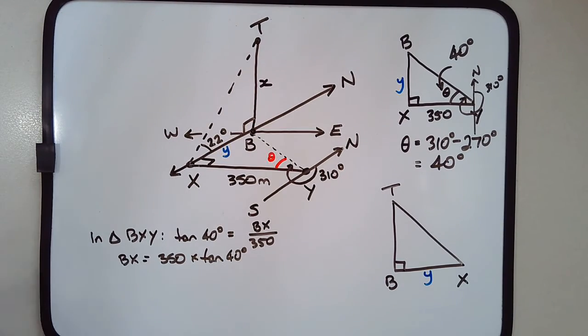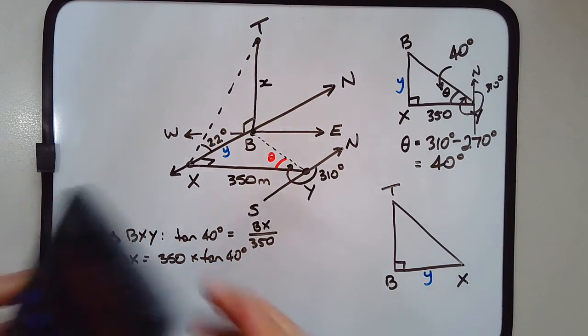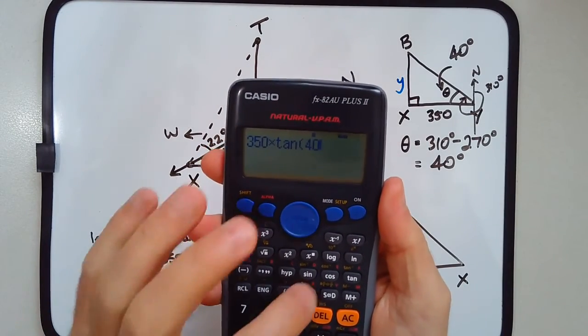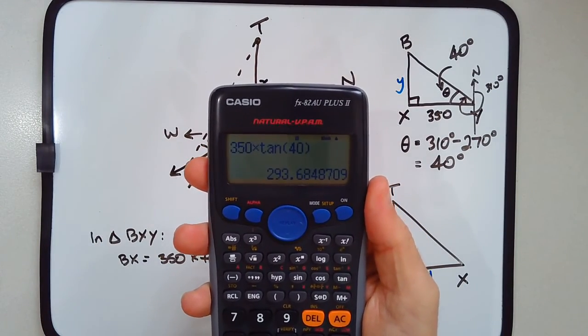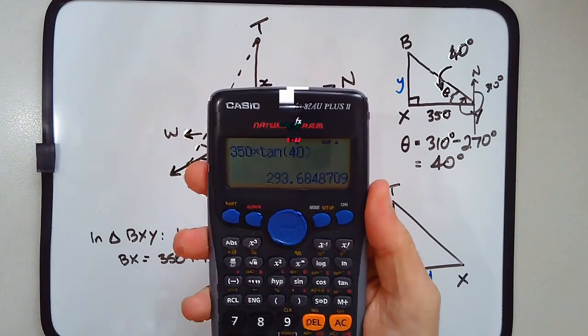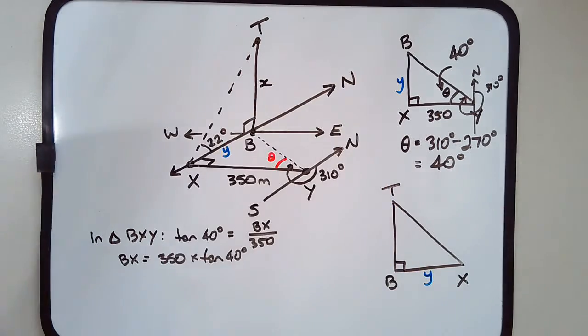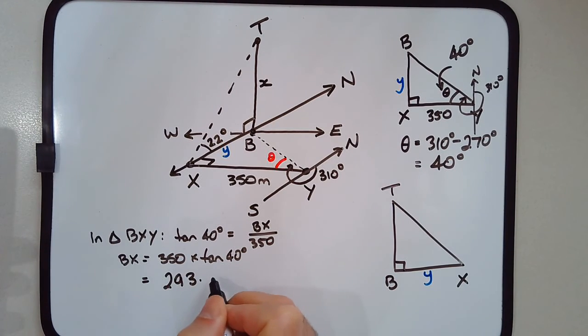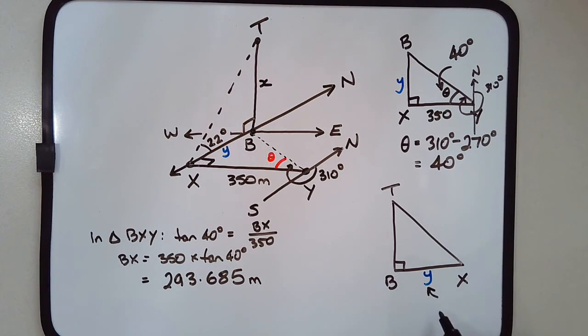I'm going to keep some extra decimal places just to maintain a little bit of accuracy, even though we have to work to the nearest meter. We got 293.685. So that's this length there, 293.685 meters.